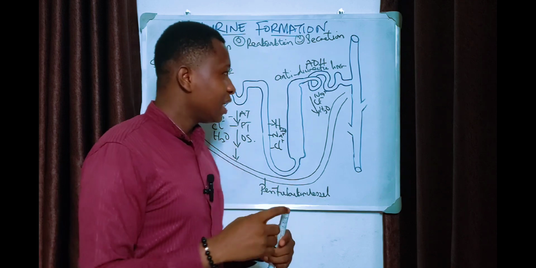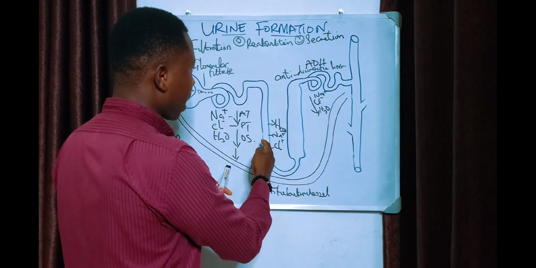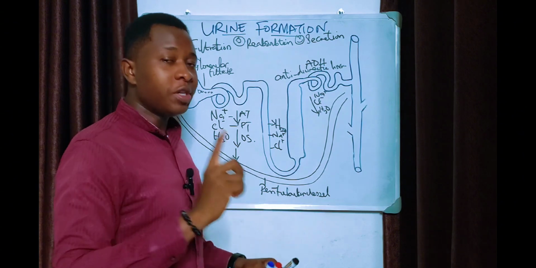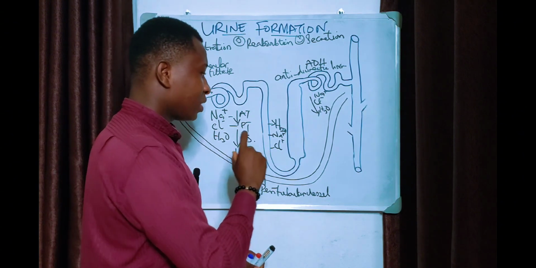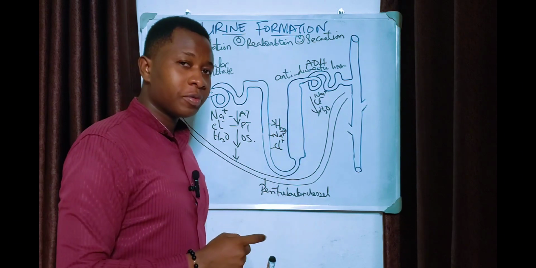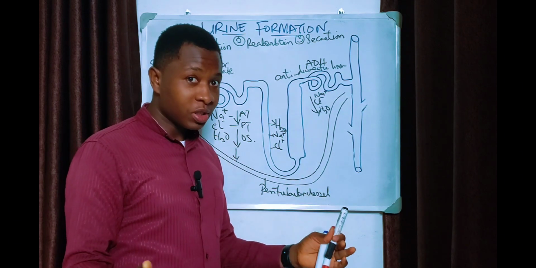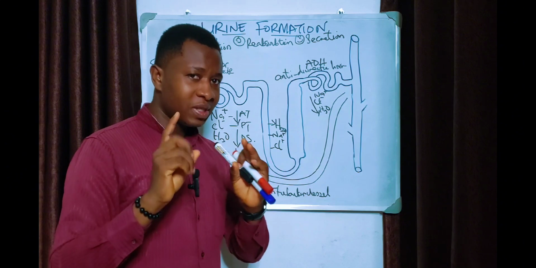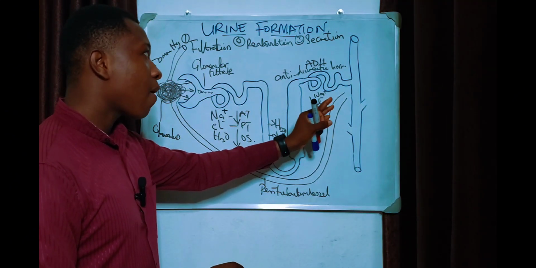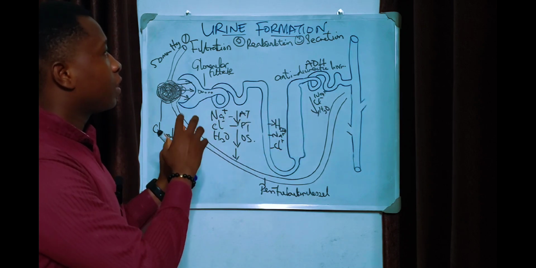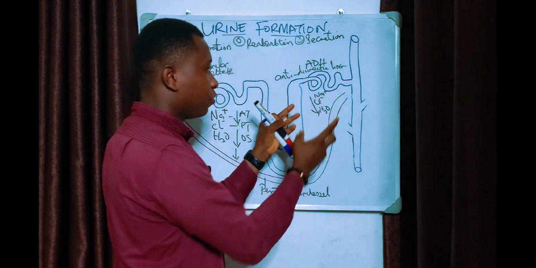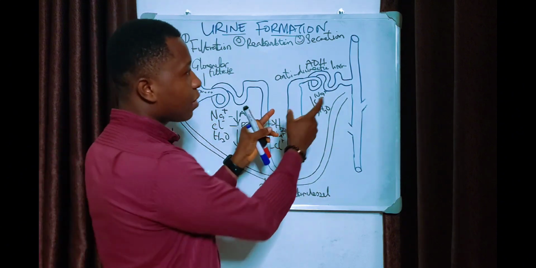So absorption is simply putting back some substances into the bloodstream, but in secretion substances move from the bloodstream back into the nephron. So it's like the opposite, all right? And mind you, secretion happens at almost every part of the nephron, but most of the secretion happens at the distal convoluted tubule.